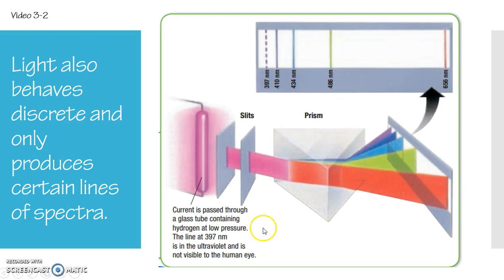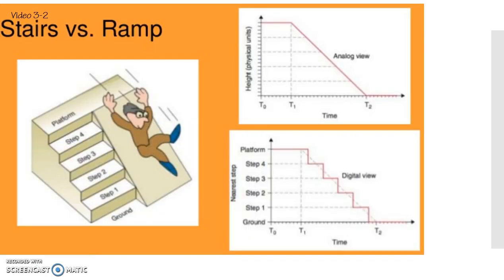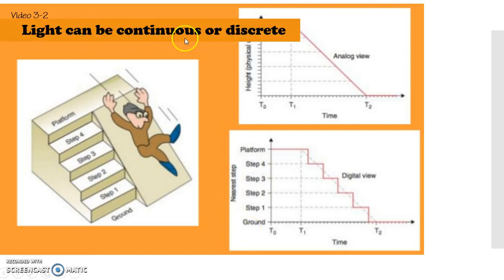That shows us that light comes not only as waves, but also as very discrete particles, or line spectra. We say that this is either continuous, like waves, or discrete, and they're going to be called photons that come at very specific measurements.